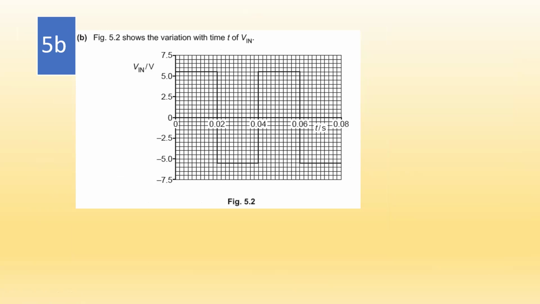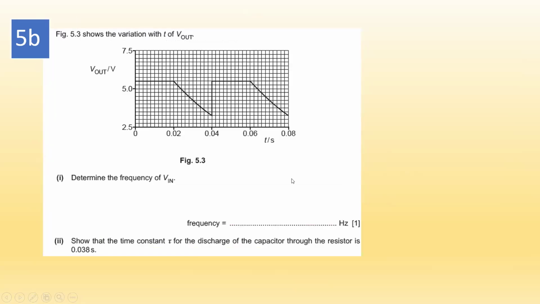Figure 5.2 shows the variation with time of V in. Right? There's a V in. And figure 5.3 shows the variation of V out. Right? You should be able to read the period. Determine the frequency of V in.